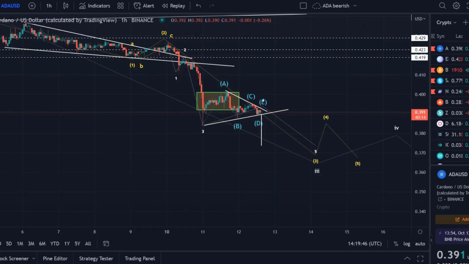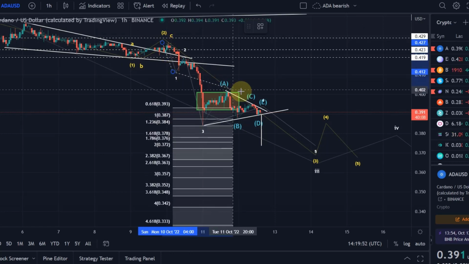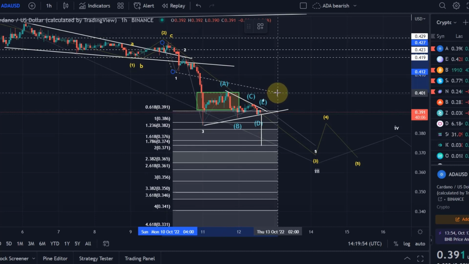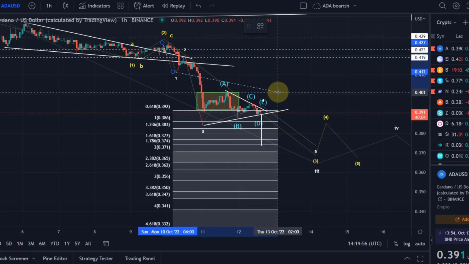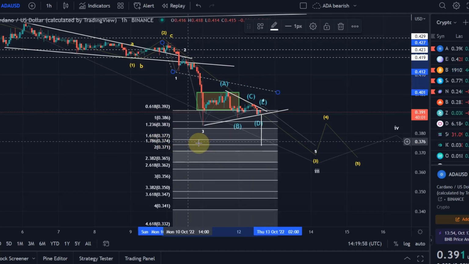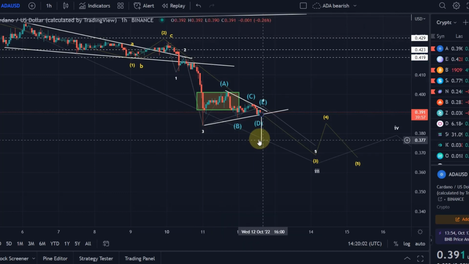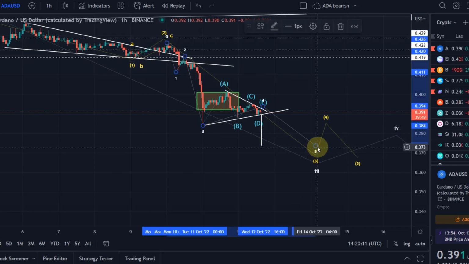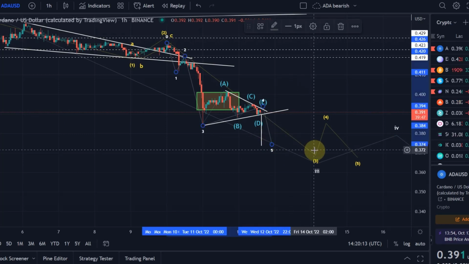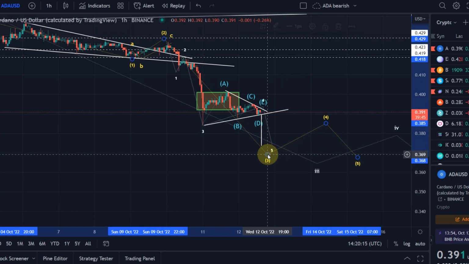But the other way we calculated the target was by taking the length of the wave 1 and adding it to the wave 4 high, and then we looked at the 37.7 cent level, the 1.618 extension. But in that region, I would say between 37.5 to 38 cents, the next leg down should end. And that would then be here the 5th wave of the yellow 3rd wave.